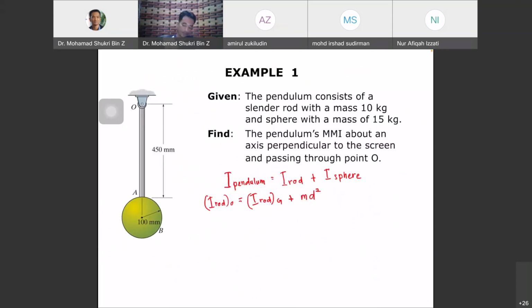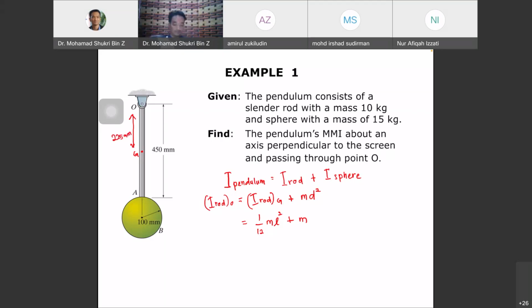You have 1/12 ml square, plus mass times the distance from gravity G until O squared. So ini adalah 450 divided by 2 lah. So you have 225 mm.